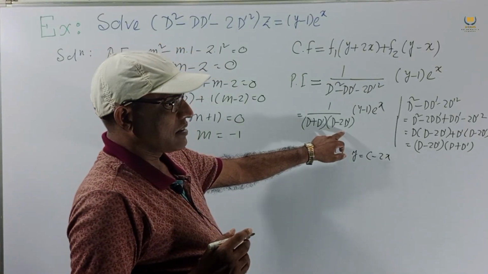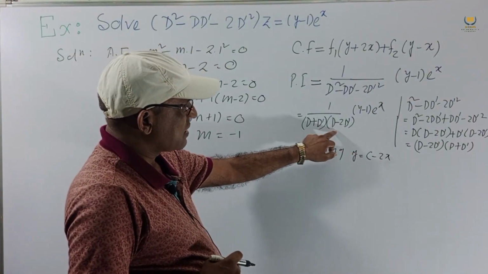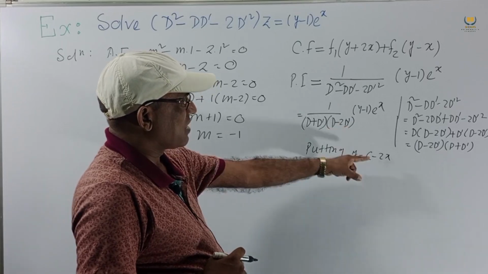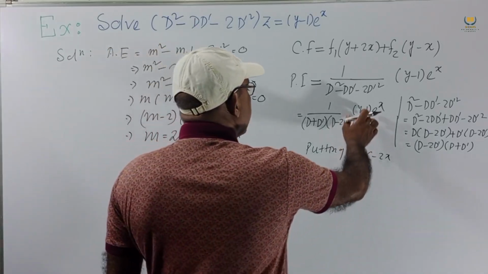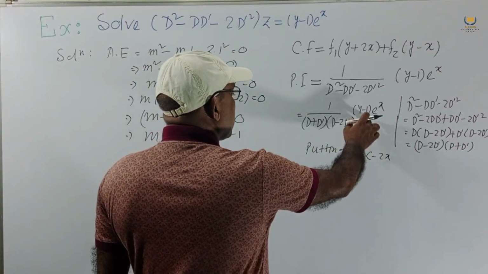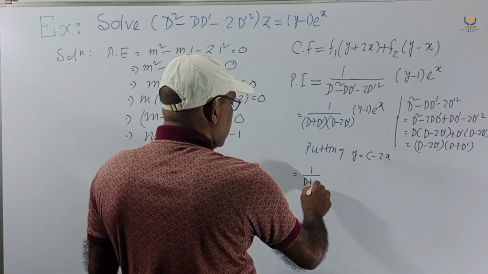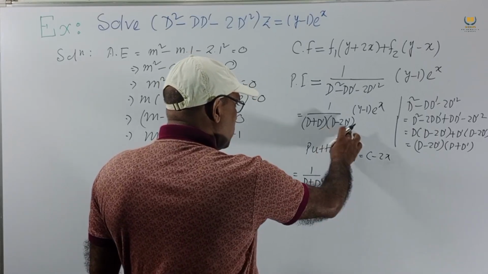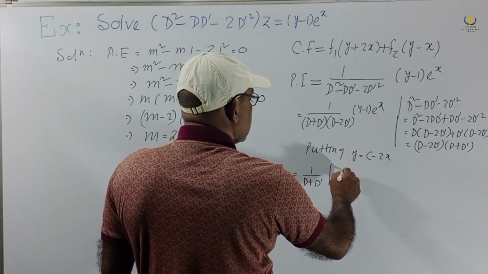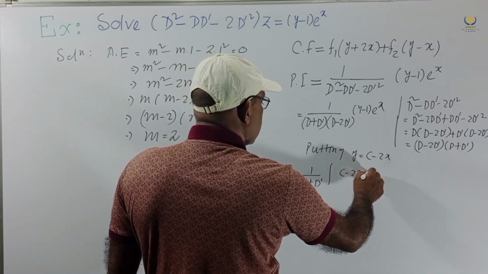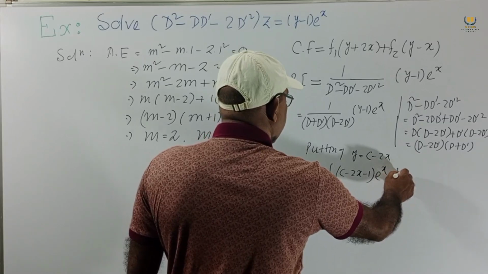Here D minus 2D dash, this is c, this is 2x, y equal to c minus 2x, and we put the value here. When we put this value, we get the integration, 1 by D dash removed, and we get integration of c minus 2x minus 1 e to the power x dx.